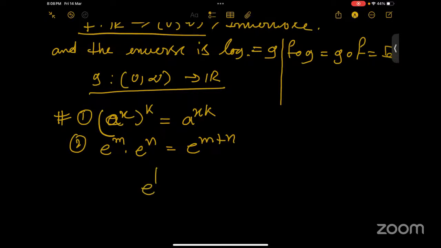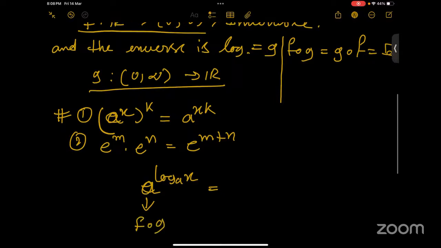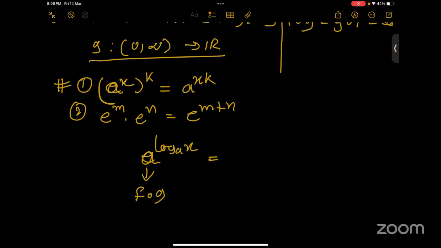That means a to the power log base a of x is nothing but f compose g of x, right? Agree? Where g is a log function and f is an exponential function. So this is x again. Log base a of a to the power x is also x, and this is nothing but g compose f of x.